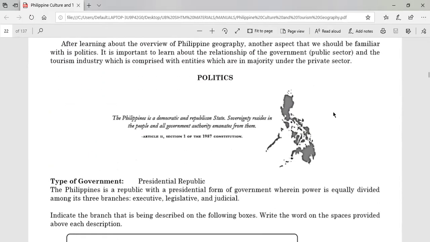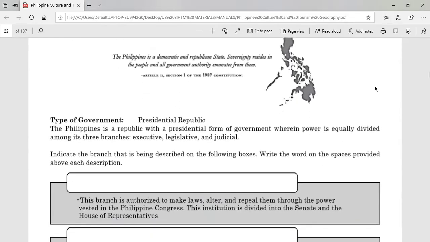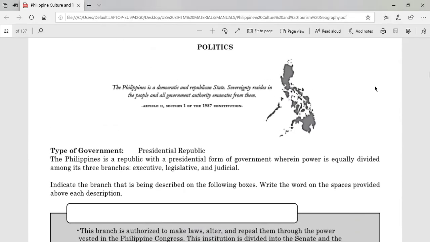After learning the overview of Philippine geography, another set that we should be familiar with is politics. It is important to learn about the relationship of the government and the tourism industry, which is comprised of entities which are in the majority under the private sector. The type of government that we have is the presidential republic.